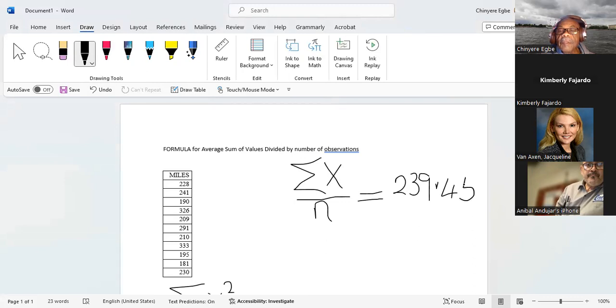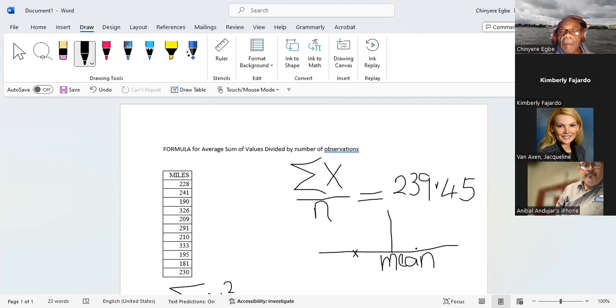Now, to get a dispersion, what we're actually trying to look at is the way that the values of the variable miles are distributed around the mean. Okay, so this is the mean here. At the center, the mean is at the center, and the values are distributed around the mean.